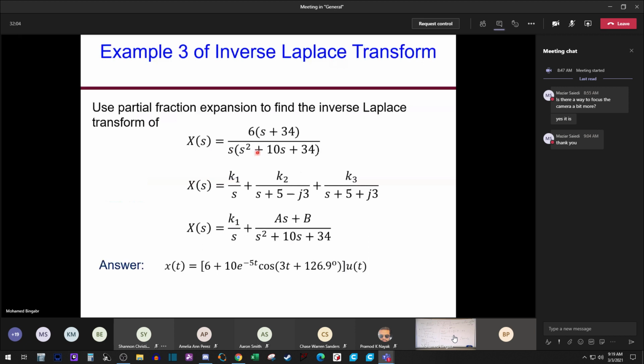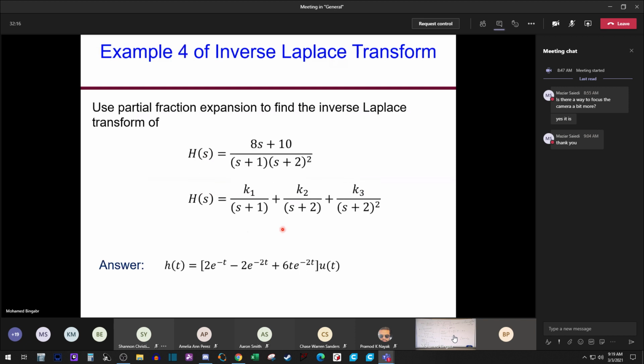The third possibility, when you factor out, you get a characteristic root that is complex, so don't factor it and just use the table this way. And the last possibility is we have repeated roots or lambda, s plus 2 squared. Then you have to factor all lower power, 2 and 1. And then you do partial fraction expansion.